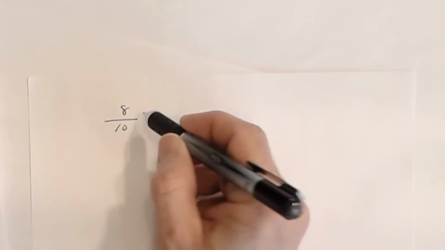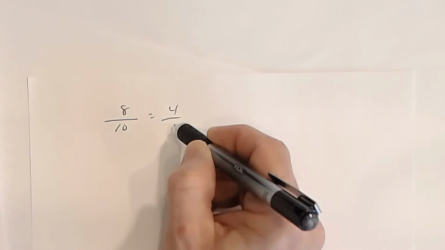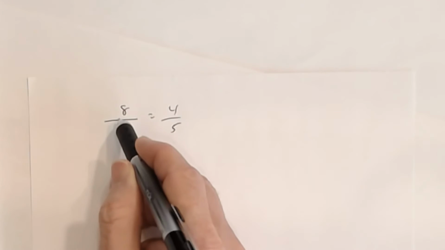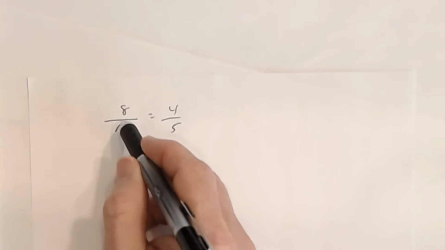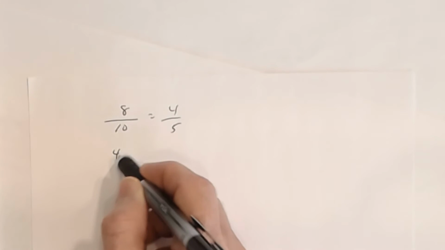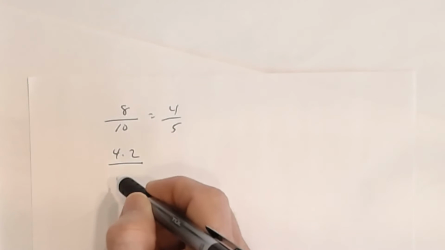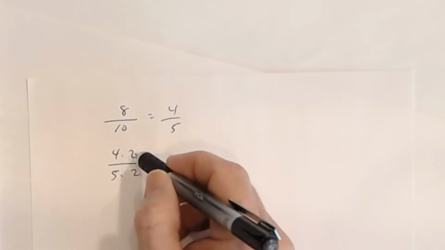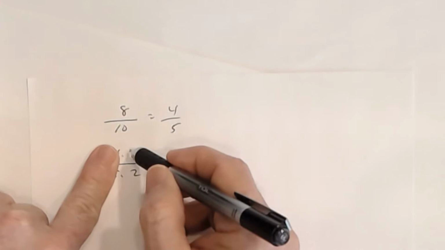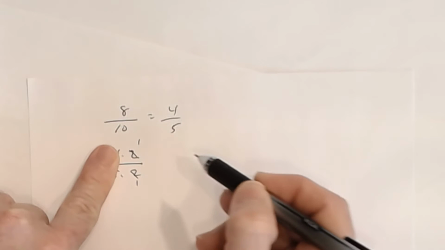So 8 divided by 2 is 4, 10 divided by 2 is 5. And then we know that's true because I can write 8 as 4 times 2, and I can write 10 as 5 times 2, and notice 2 divided by 2, those divide out.